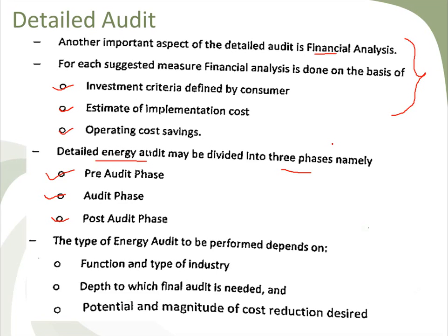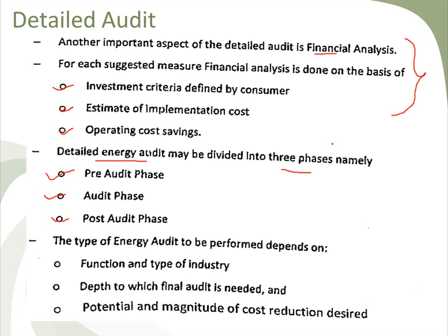Then, after the walk-through audit, is there a need to apply energy conservation techniques? Is it required that the particular industry should implement the energy conservation techniques? Then the detailed audit is performed. And secondly, the potential and magnitude of cost reduction is required.